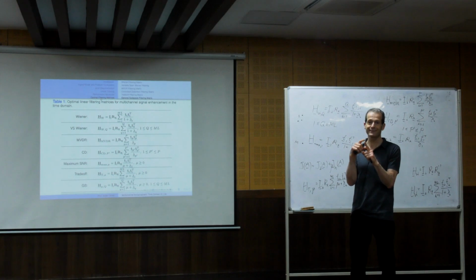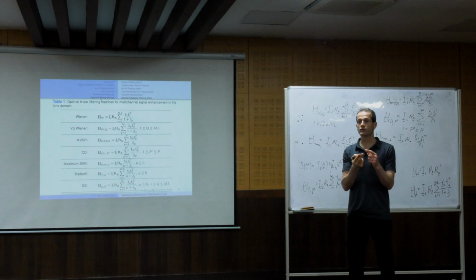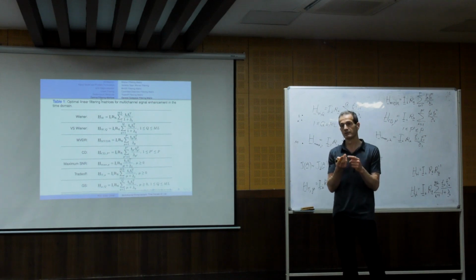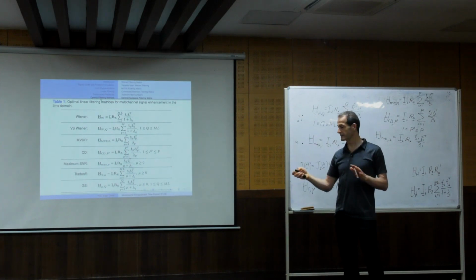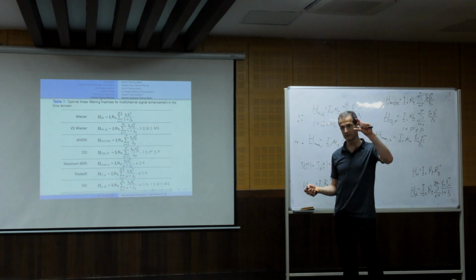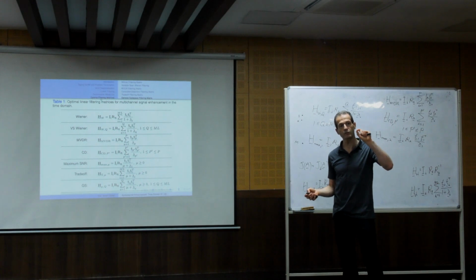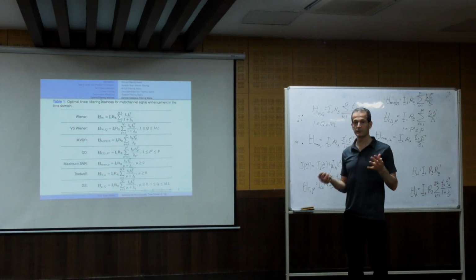So we multiply this component with any value. But if we multiply it with a certain value, we change the MSE, we change the distortion, and we change the noise reduction. So we can control the value by which we multiply this component. Still we get the maximum SNR, but this variable allows us the trade-off between noise reduction and distortion.